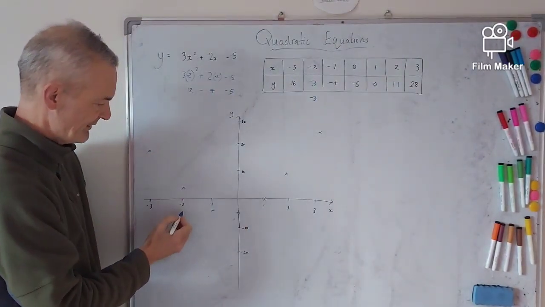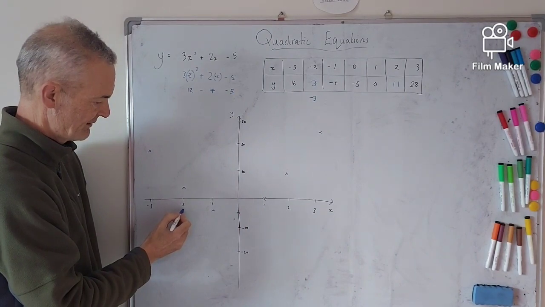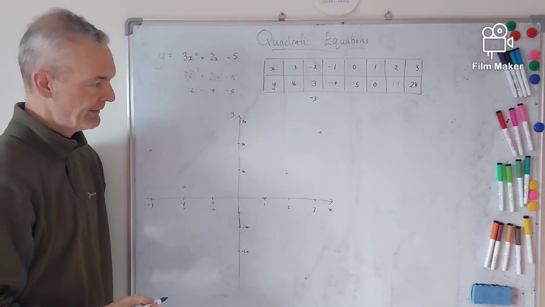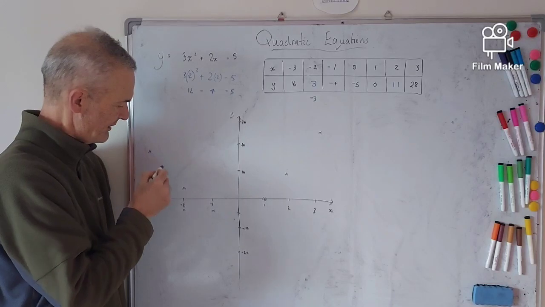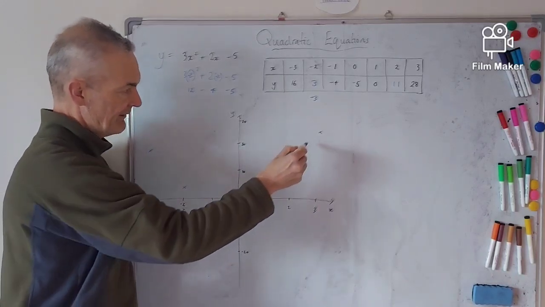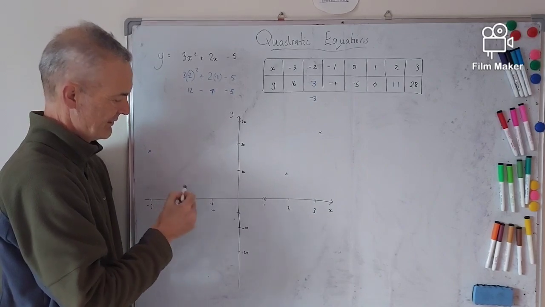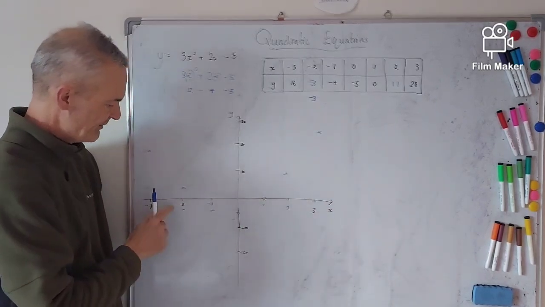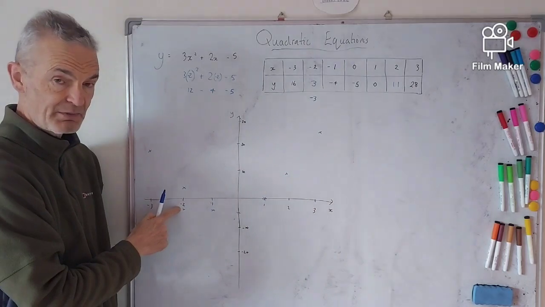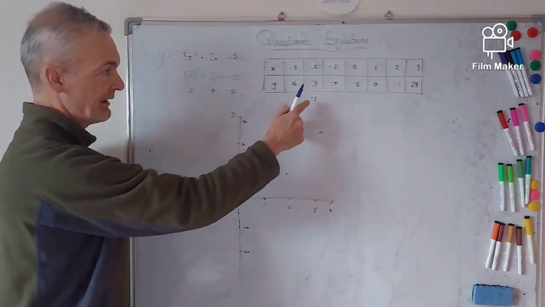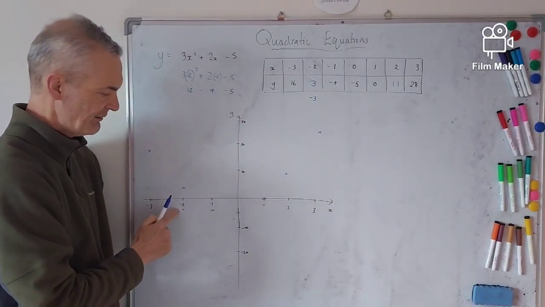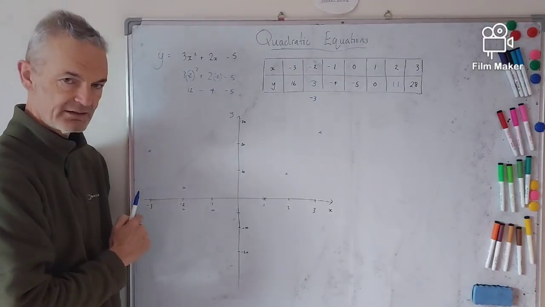So that would give me a point over here somewhere. Now, if you look at where my points are on the curve, that gives us a nice curve. This point down here, if you plotted that incorrectly, as I've said here, you would see that you wouldn't get a nice curve.